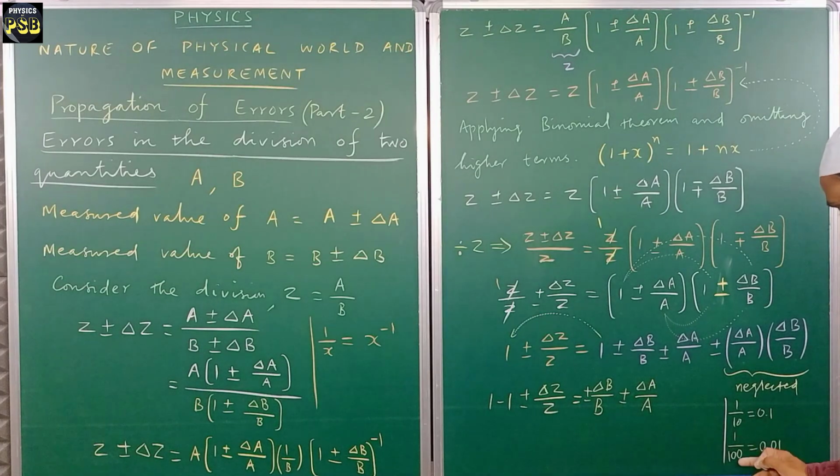In place of 100, if I write 1000, I get 0.001. As I keep increasing the value in the denominator, the result obtained becomes smaller and smaller. This shows that when a small quantity is divided by a large quantity, the value obtained is very small, so adding or subtracting it is not going to make any big difference.